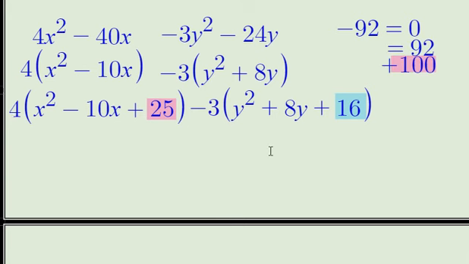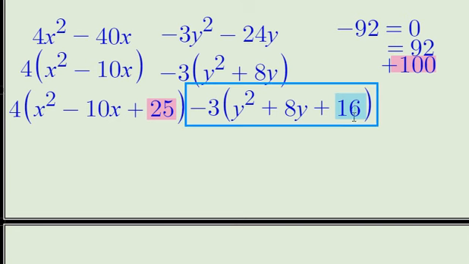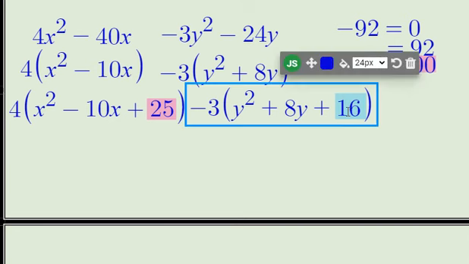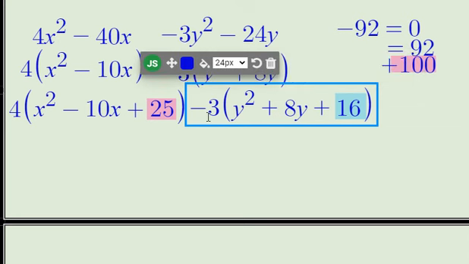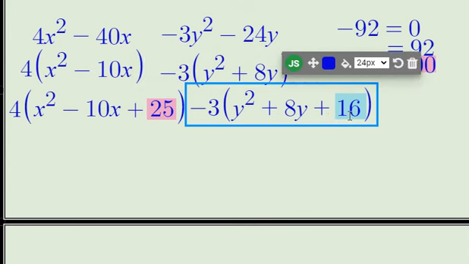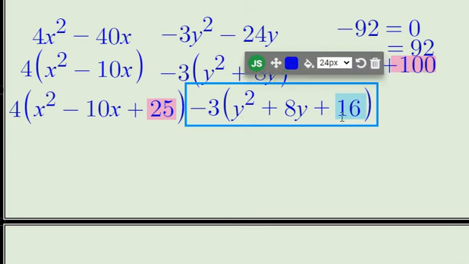Now, the same idea applies with the y's. I'm not just adding 16 here. And this is even more confusing because I've got a negative 3 in front. So negative 3 times 16 is actually negative 48. So I'm really taking away 48 from this side.